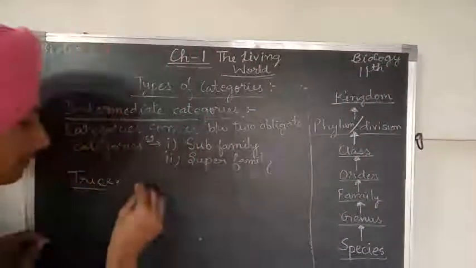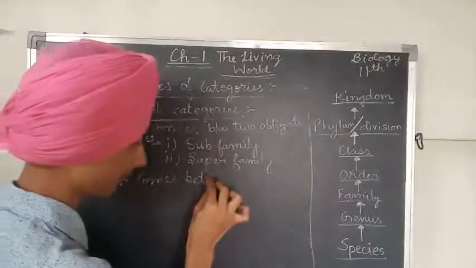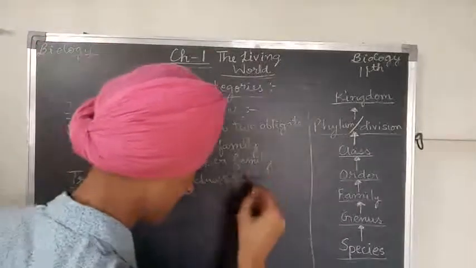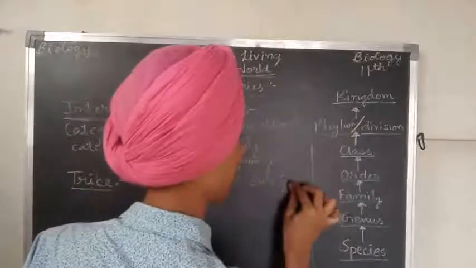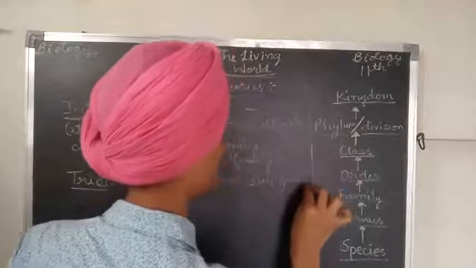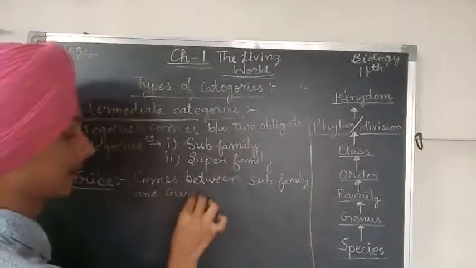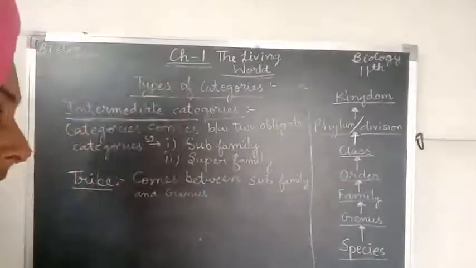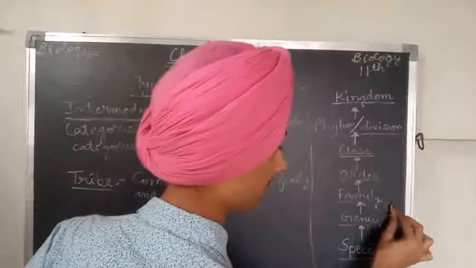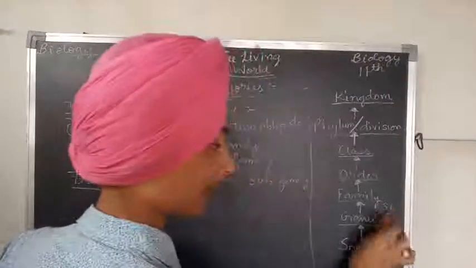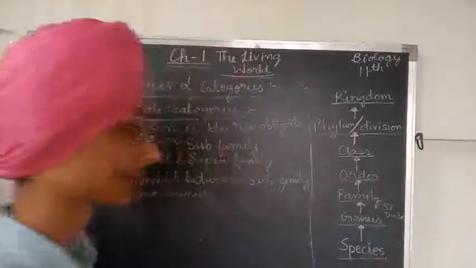It comes between subfamily and genus. Clear? Between subfamily and genus, here is a tribe. Clear?